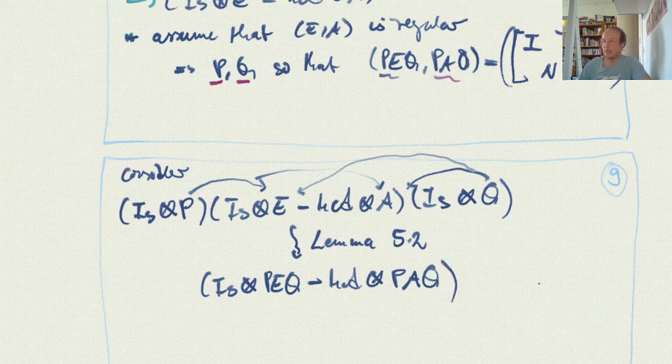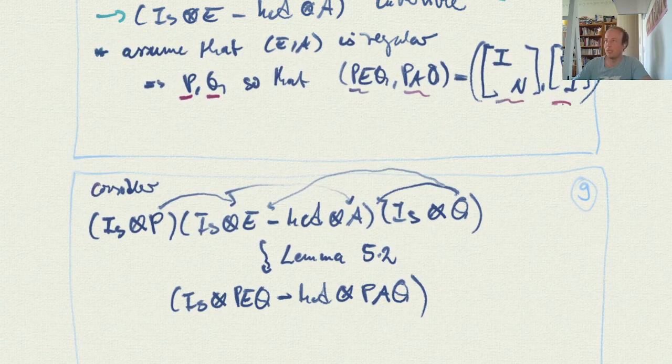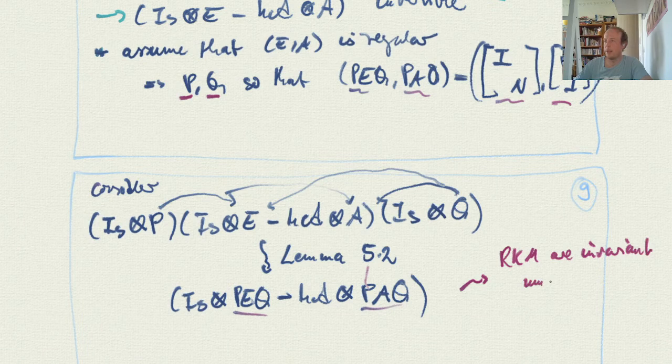Okay, and this is already interesting because now we have the Runge-Kutta method defined in these matrices in Kronecker form. But what we already can state is that RKM are invariant under equivalence transformations.